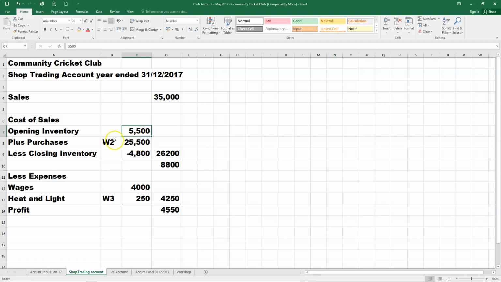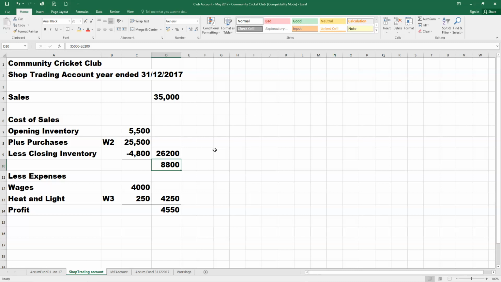So from working 2, I have my shop purchase of 25,500. So if I add all them up, so it's my 5,500 plus 25,500 less 4,800 gives me 26,200. And 26,200 from 35,000 gives me €8,800.